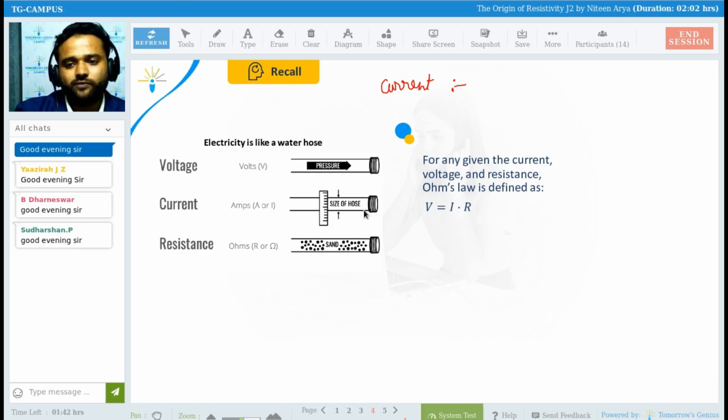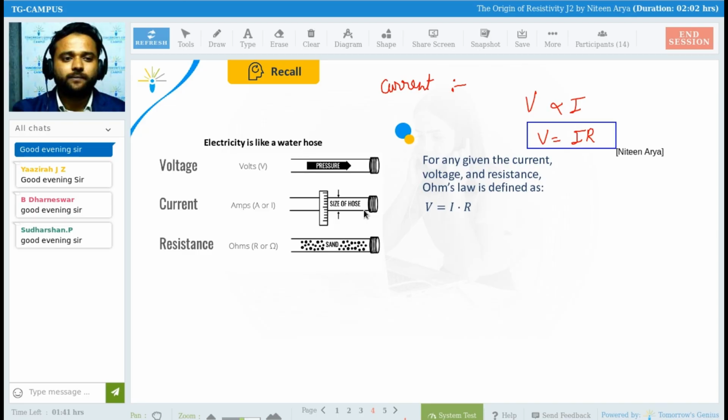As we know, V is directly proportional to I, and V equals IR. In the previous class we learned this. This is Ohm's law. So this R is in general the proportionality constant, the resistance offered by any particular material. In the same sense we can take an analogy.